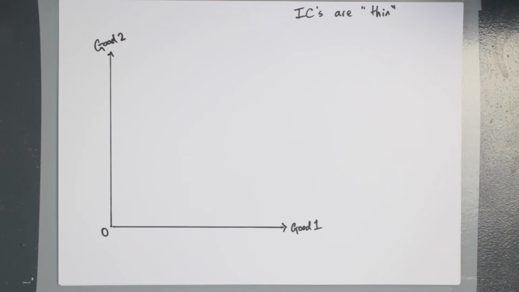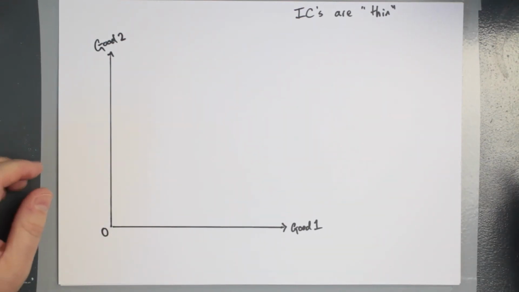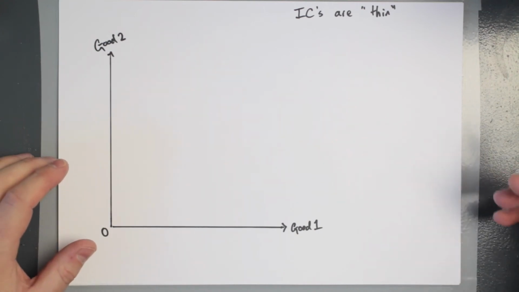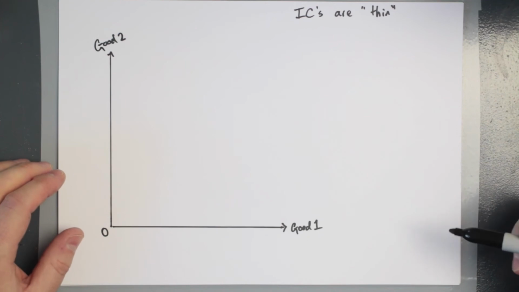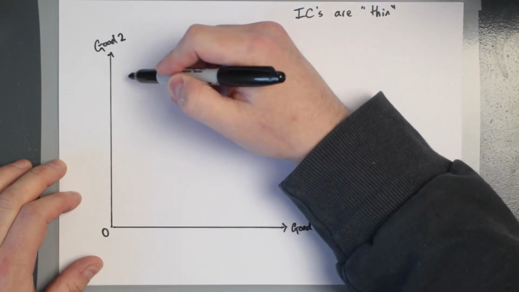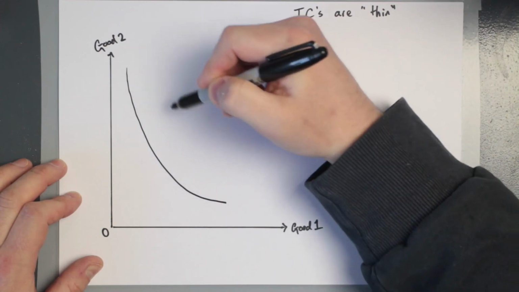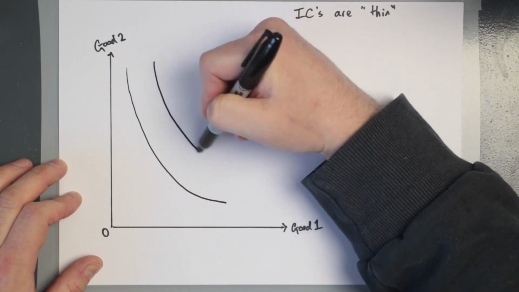So how does it apply here? Well, for the sake of contradiction, suppose an indifference curve really was thick, so it had some width. That's the typical shape we draw, but let's imagine it's quite thick.